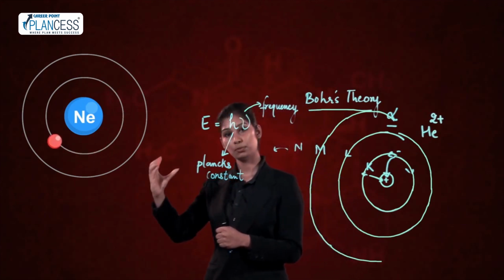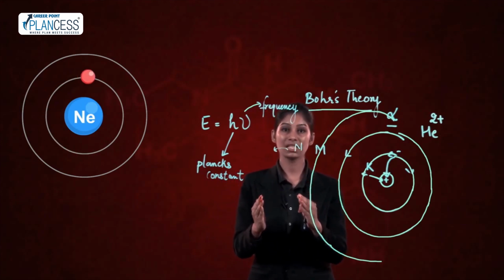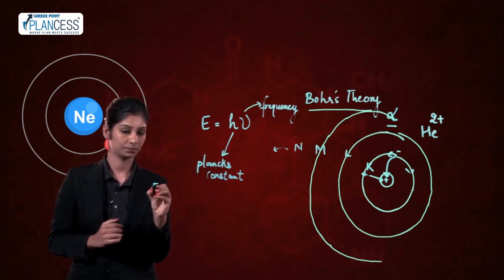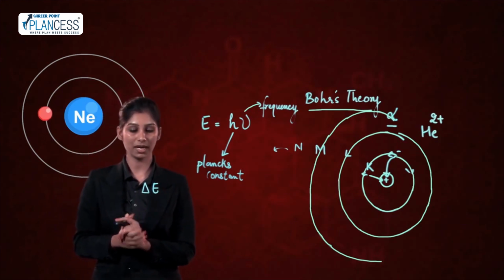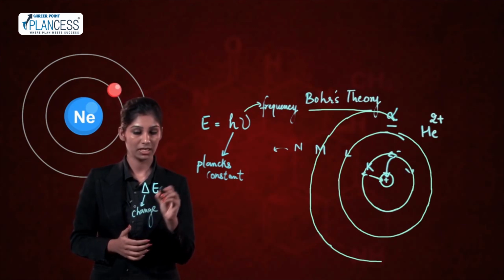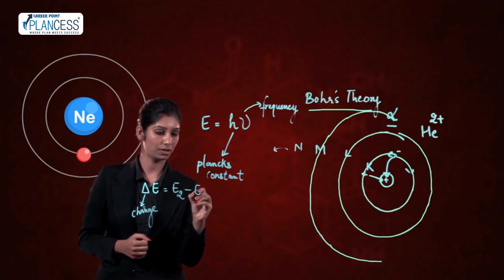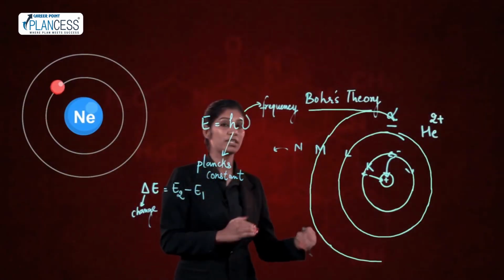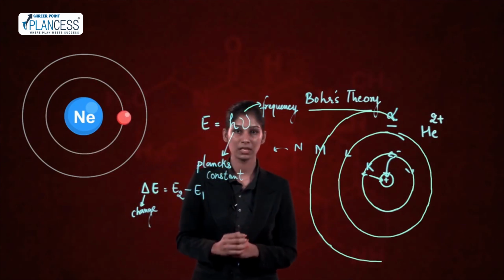The amount of energy absorbed or emitted is given by the difference of energies associated with the two levels, which means the change or emission of energy is represented by this. This means change. It is called delta. This change in energy will be equal to E2 minus E1, where E2 is the energy of the level where the electron is going and E1 is the energy from where the electron is coming.